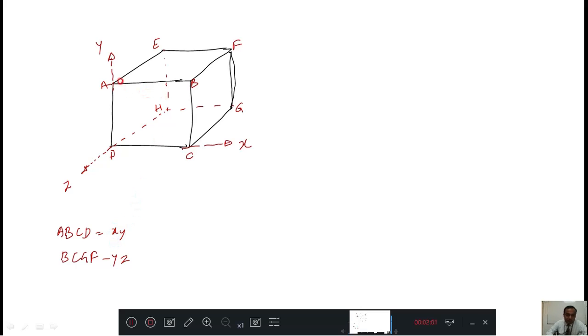Like that, all six faces can be named using X, Y and Z. This is also a YZ plane, and AEHD is also a YZ plane, and this top one is what? Sorry, the XZ plane. This top one is the XZ plane, and the bottom one is also an XZ plane. Like that, we have a three-dimensional body.